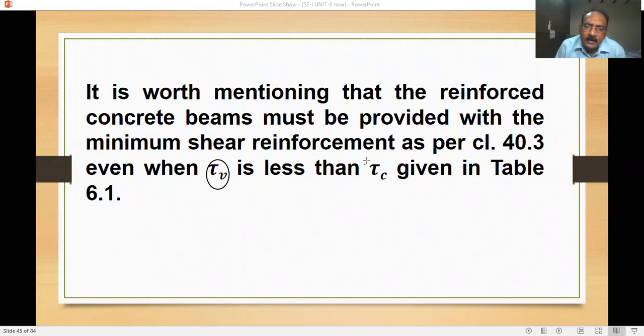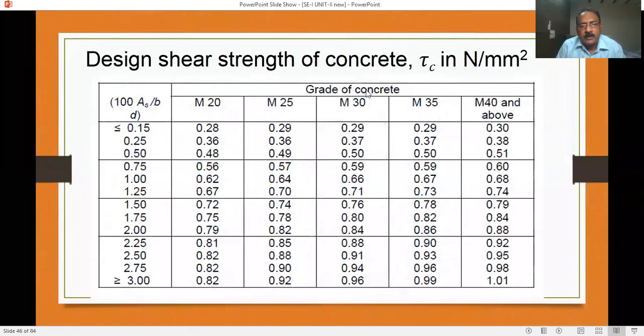If the concrete shear strength is more, even then you have to provide minimum shear reinforcement as given in the table and clause 40.3. You will understand only if you observe the code book, and we'll see the tables in the next video. Thank you.